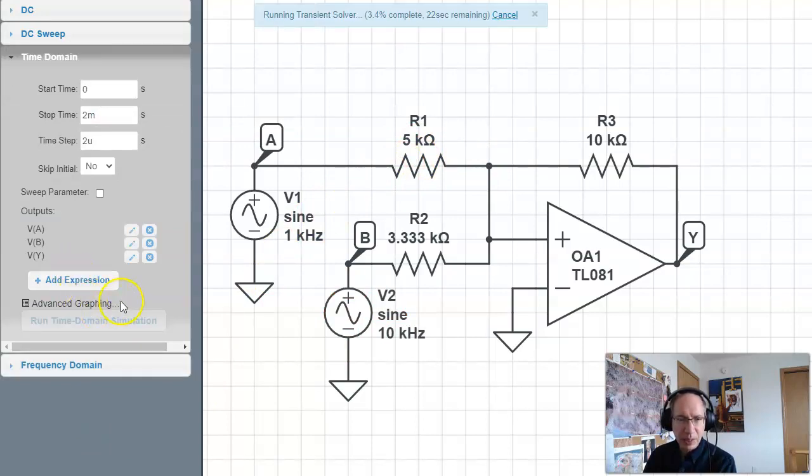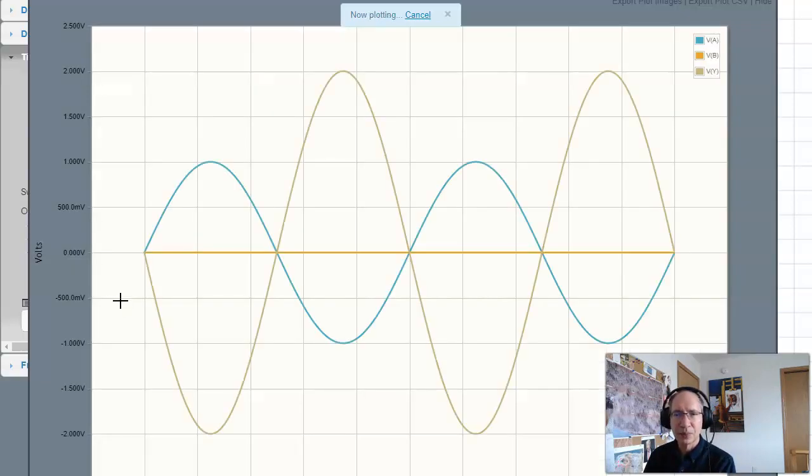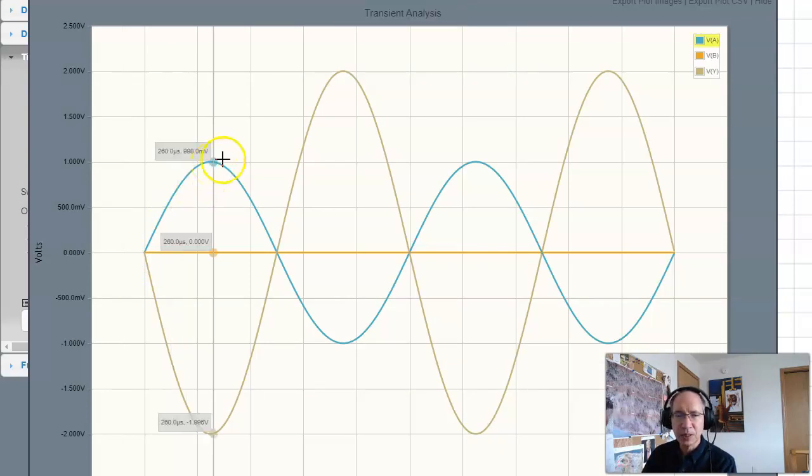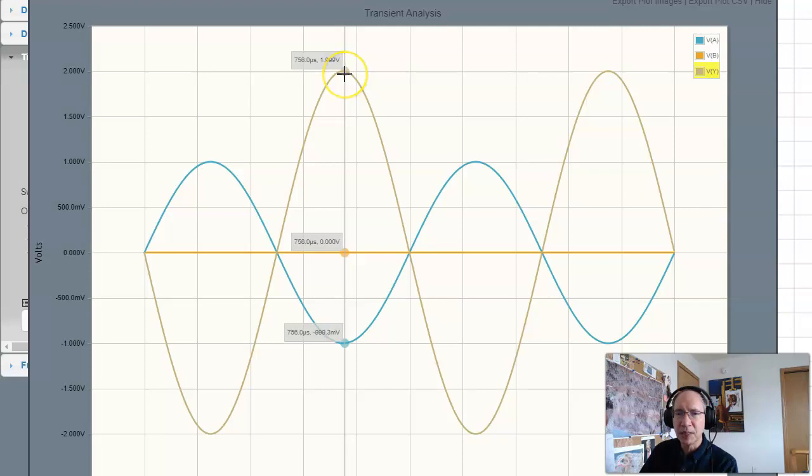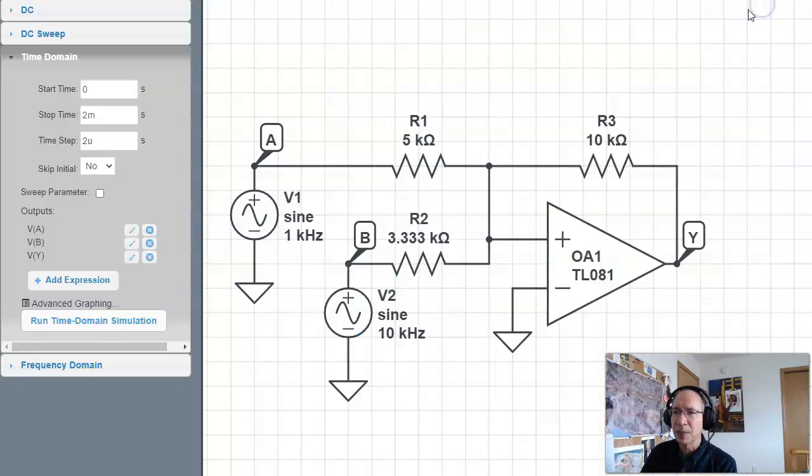Run time domain simulation, again running for 2 cycles, 1,000 points on the plot. So here is VA in blue. Here is VB. It's out of phase, that's the minus sign. And 1 volt in gives you 2 volts out. Gain is 2. So the gain from A is minus 2.